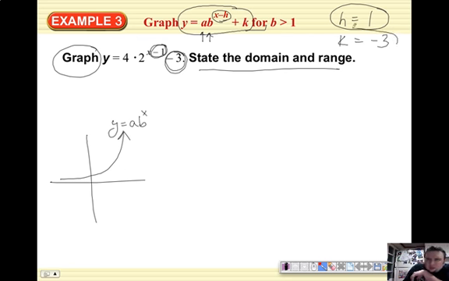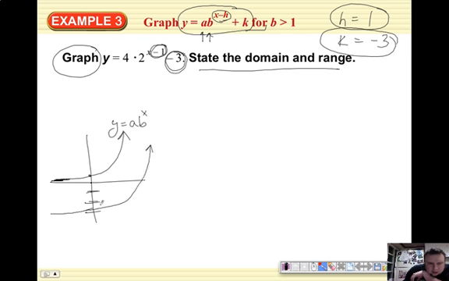But everything's going to move down 3. So down 1, 2, 3, whatever it is. You know, it's getting closer and closer to the x-axis, so actually right here, it's going to get closer and closer to what number? Negative 3. Actually, it's going to move a little right.